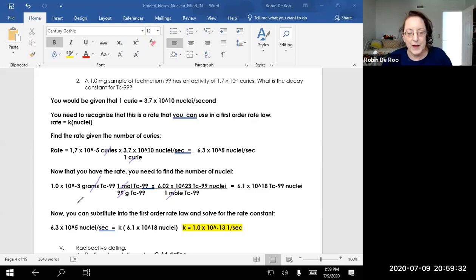Now we can put that into our rate law, and we can solve for the rate constant. So here's our rate. Here's our amount of nuclei. We have one equation, one unknown. So we get our answer, which is our k.